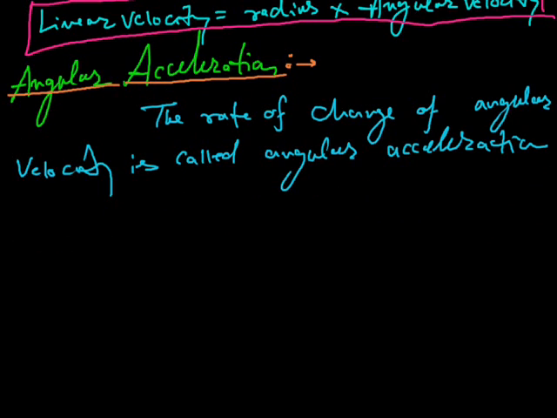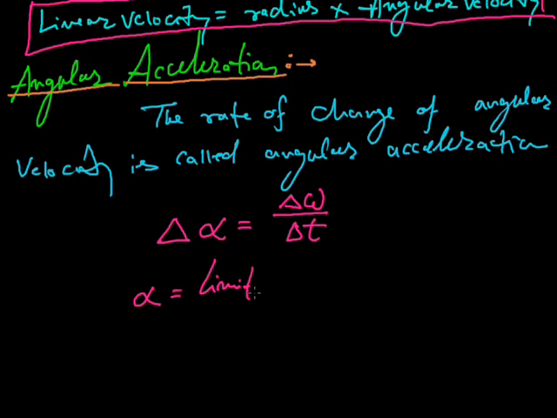It means average angular acceleration alpha is equal to delta omega by delta t, or instantaneous angular acceleration alpha will be equal to, again, limit delta t tends to 0. It is a very small fraction of time, delta omega by delta t, and alpha will be equal to d omega by dt.